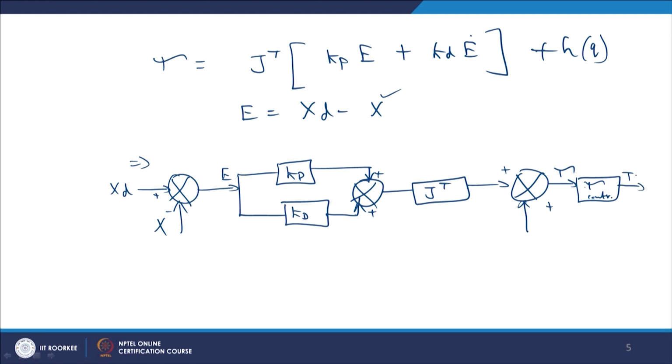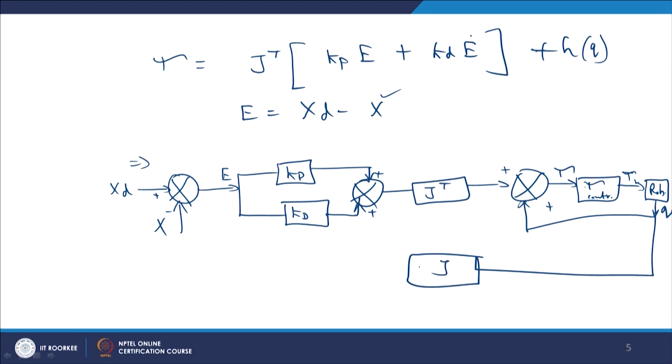From that we get the torque actual that goes to the robotic system, that gives the joint angle that is fed back here. It is also taken back to compute the Jacobian, then it is fed back as an actual trajectory. So, this is the control strategy block diagram for impedance force control of a generalized n degrees of freedom manipulator.